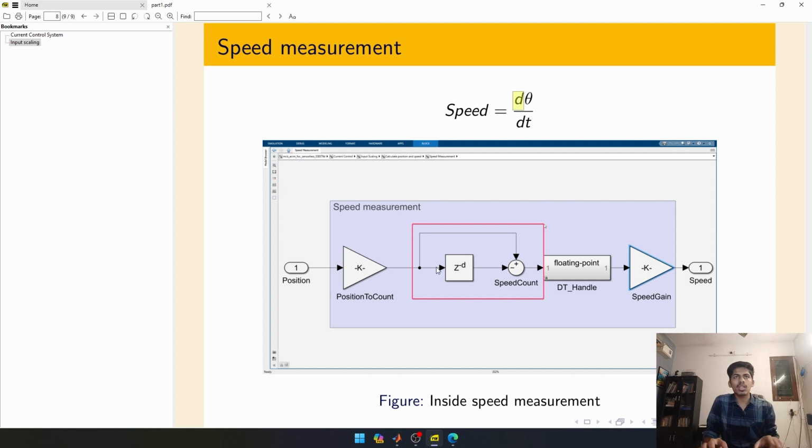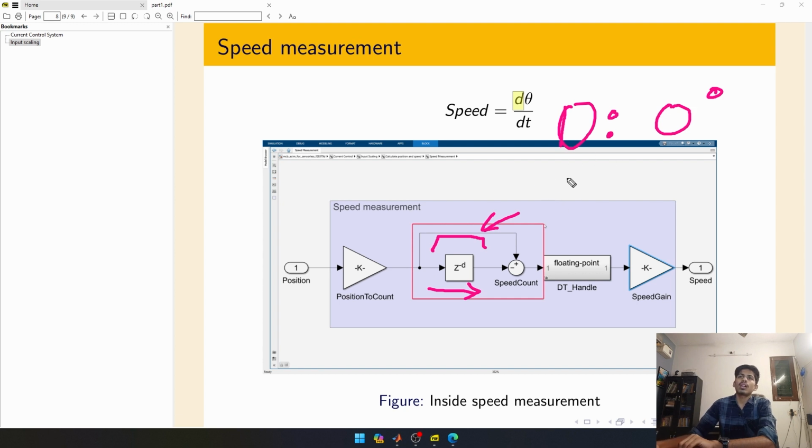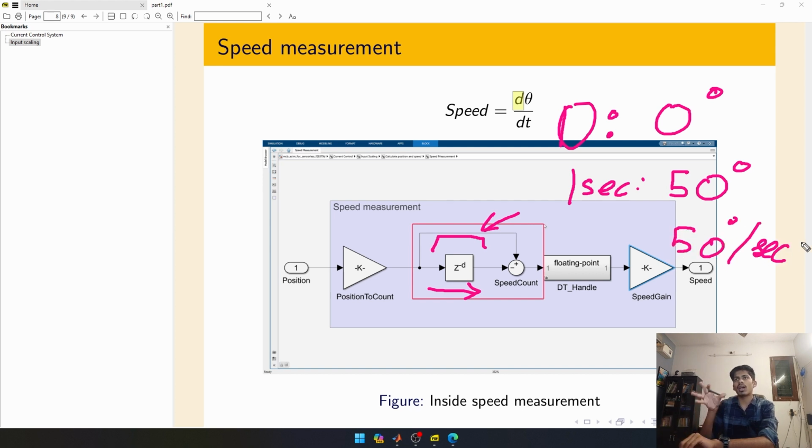What we are essentially doing is: at 0 seconds the rotor is at 0 degrees, and at 1 second the rotor has moved 50 degrees. So the rotor has moved 50 degrees per second. This is nothing but speed, angular speed. That is what this block is doing.